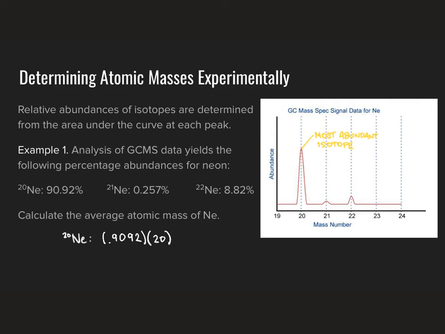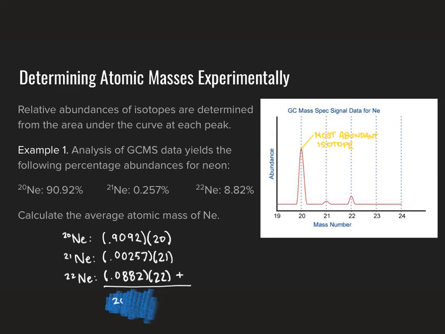Adding to that the contribution from neon 21, again, make sure to move that decimal place 2 to the left to convert this to a relative abundance: 0.00257 multiplied by the mass number of 21, and the same thing for neon 22, 0.0882 times the mass number of 22. We simply sum up each of those individual contributions to our overall average atomic mass, and we end up with a value which is 20.17837 by my calculation.